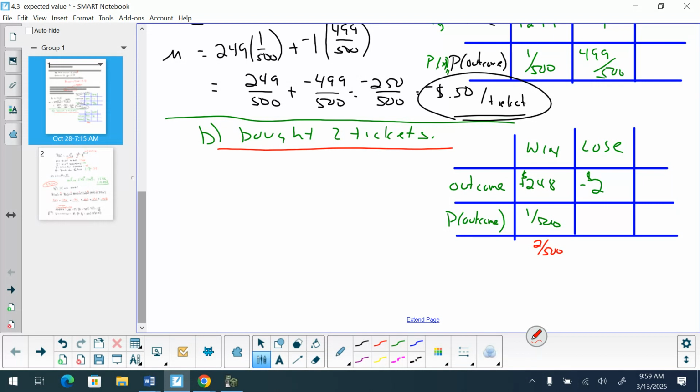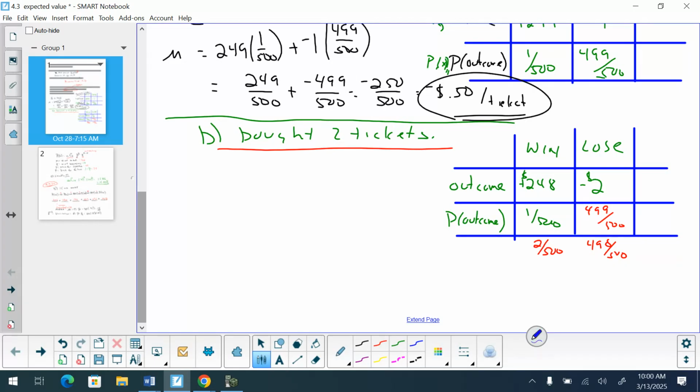Good. Okay? If you say this is 2 out of 500, what if you lose? What do you have over here? 498 out of 500, or this would be 499 out of 500. One of these 2 ideas, I would accept either one. But you can't say 2 out of 500 here and then 499 out of 500 here.